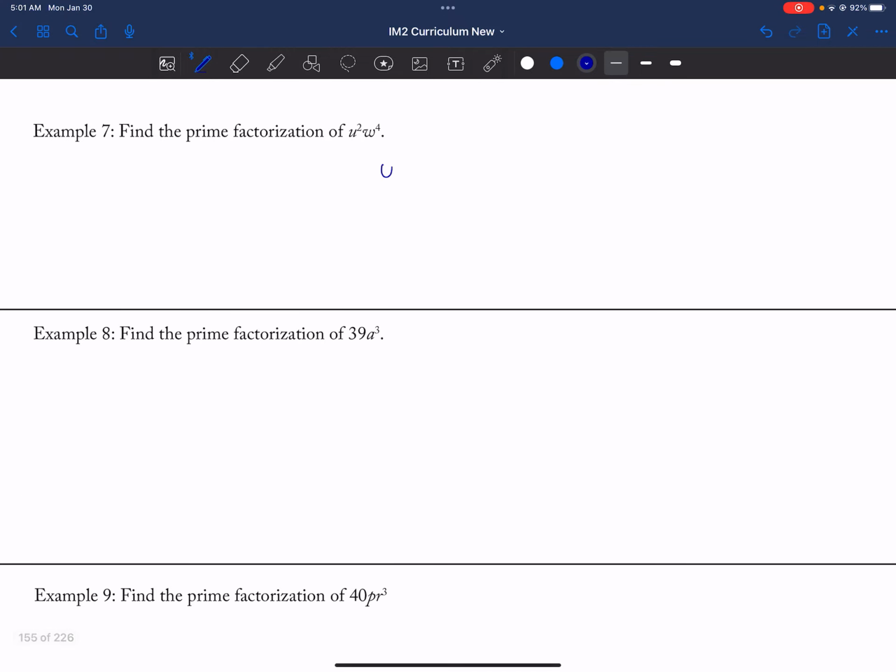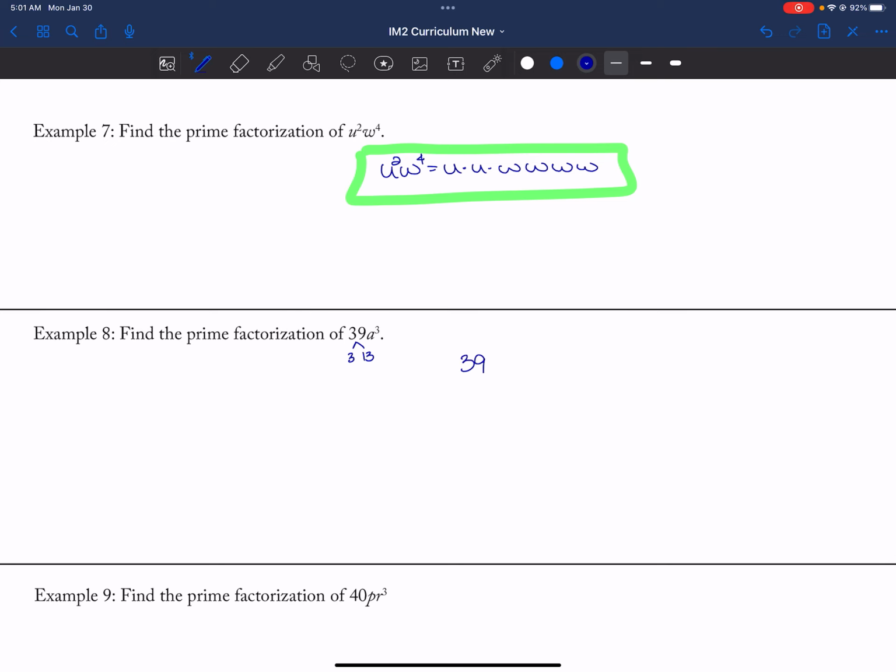So u squared w to the 4th is u times u times w times w times w times w. Okay. And then 39 is 3 times 13. So then 39a cubed is 3 times 13 times a times a times a.